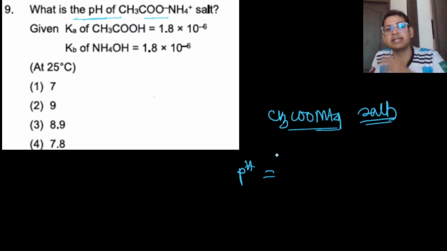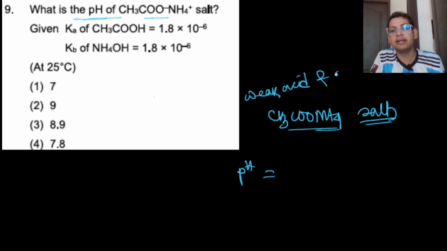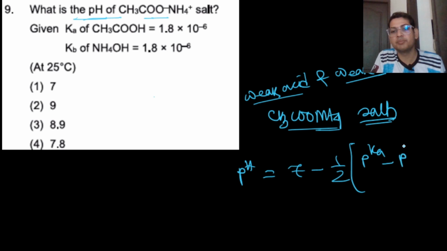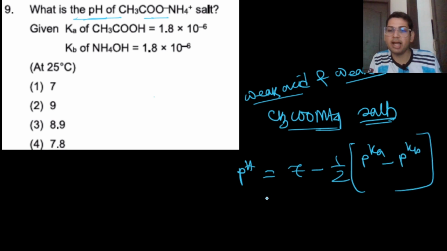As it is from weak acid and weak base, the formula is pH equal to 7 plus half pKa minus pKb. I hope I have written it correctly.